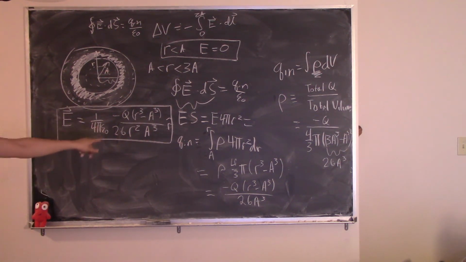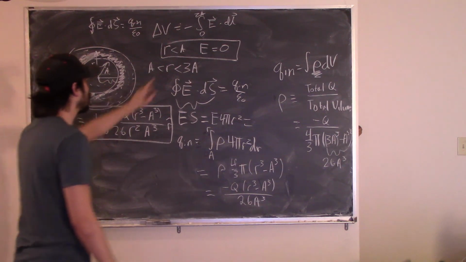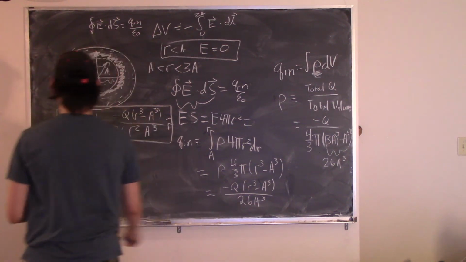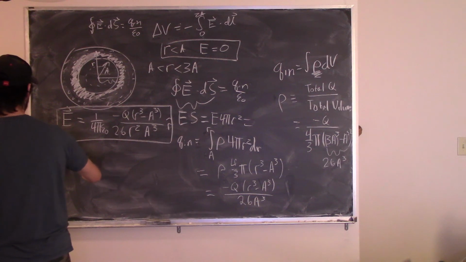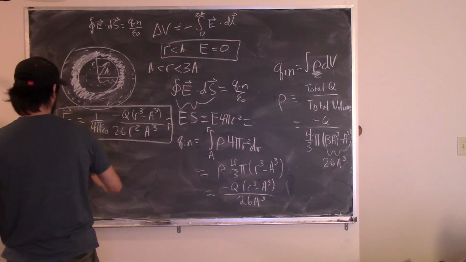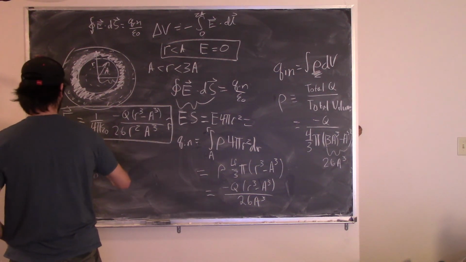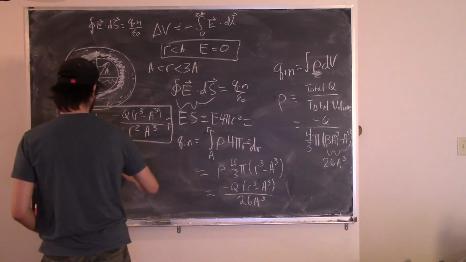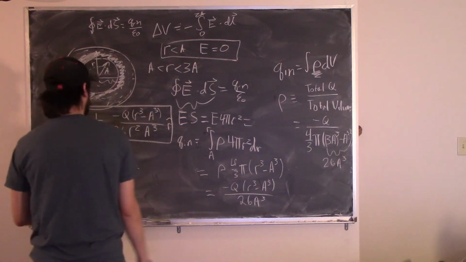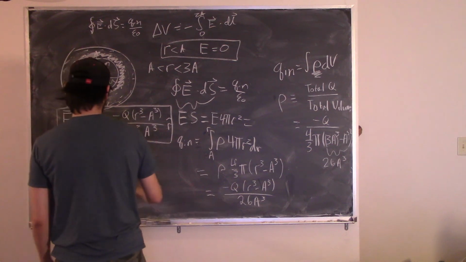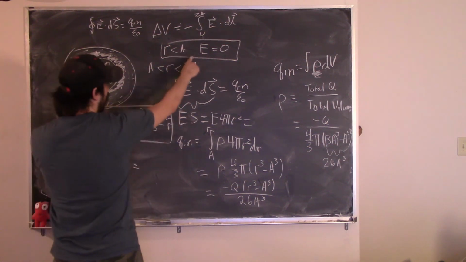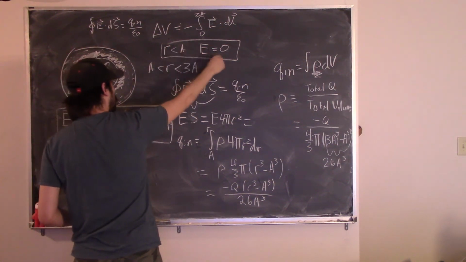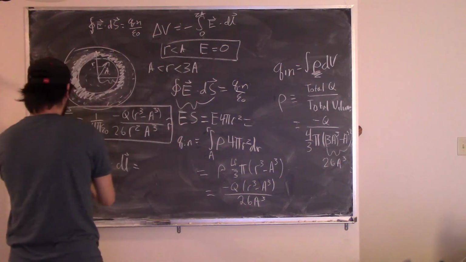And so then what we can do is use those two electric fields to evaluate the difference in electric potential. So delta V is going to be equal to the negative integral from 0 to 2a of E dot dl, which is going to be piecewise, right? But in the portion where r is less than a, the electric field is 0.